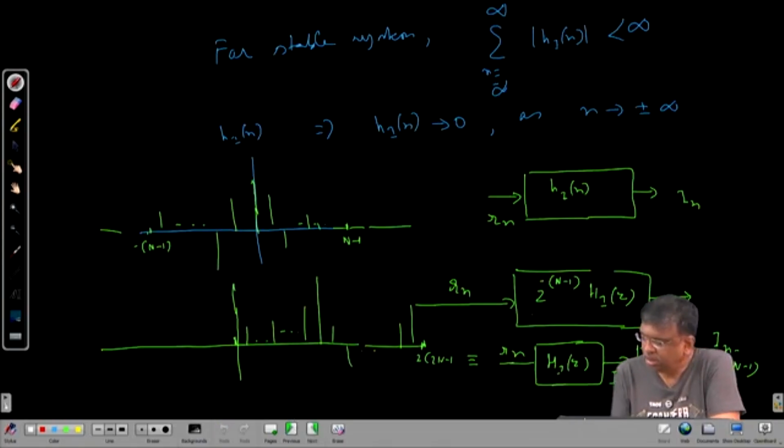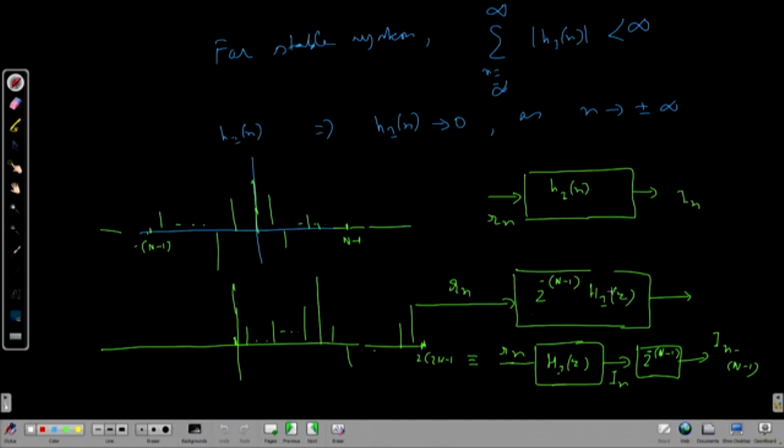If it is a correct inverse system, then the output will be just a delayed version of what was transmitted. This version of Sn, delayed by N minus 1, is taken as the desired response, and then I try to find the optimal filter using the adaptive filter route.